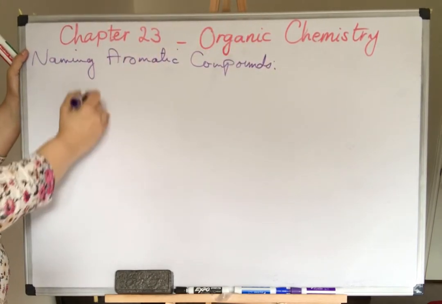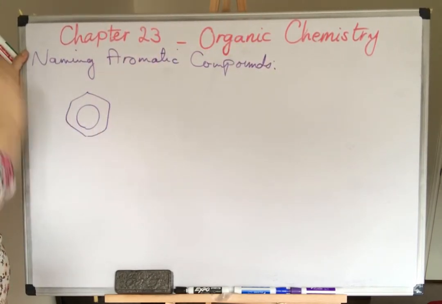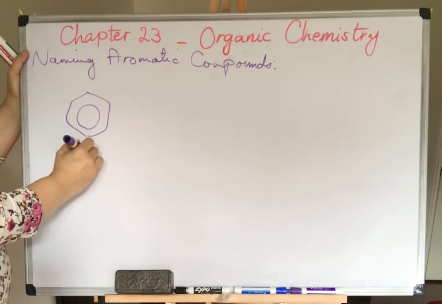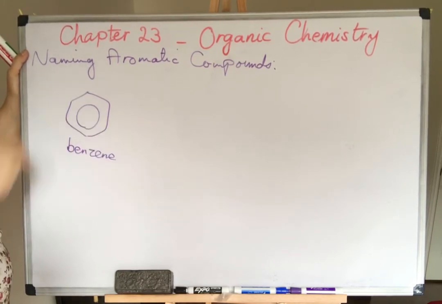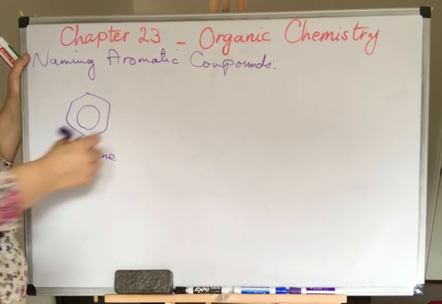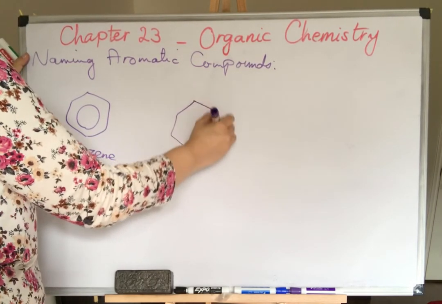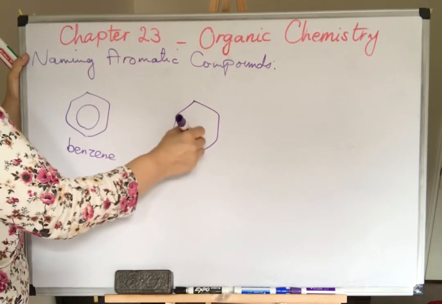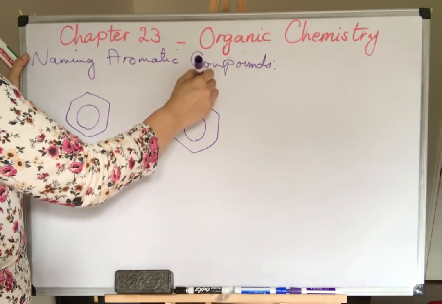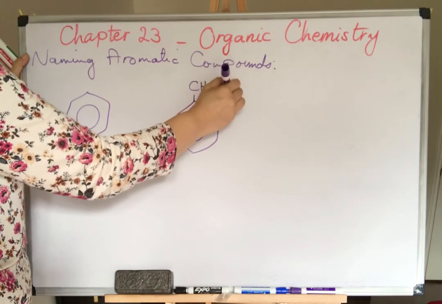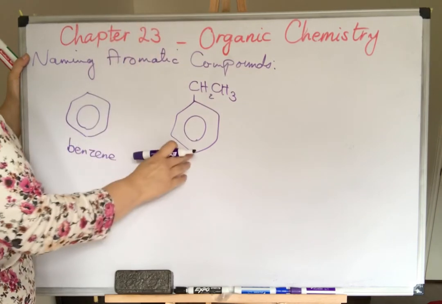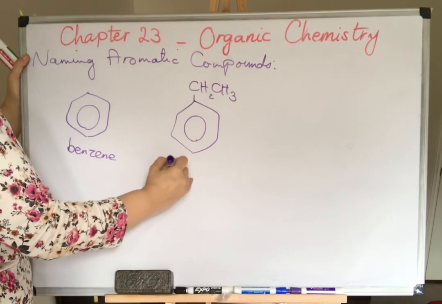First of all, I told you need to know the name of this compound, which is benzene. If you have just one branch on the benzene, you call it the name of the branch followed by the word benzene. This is ethyl, right?